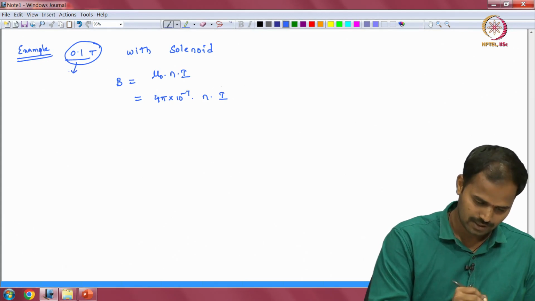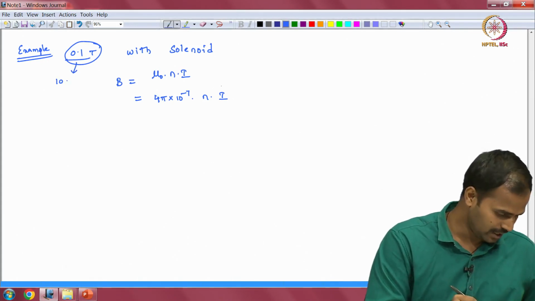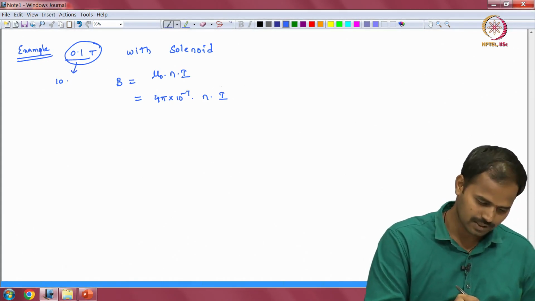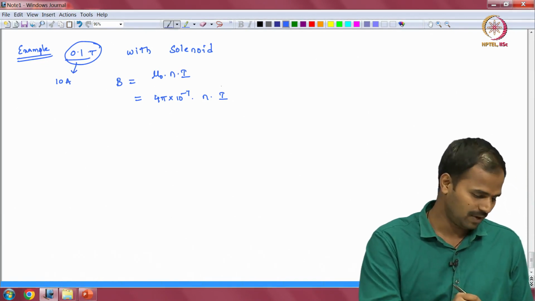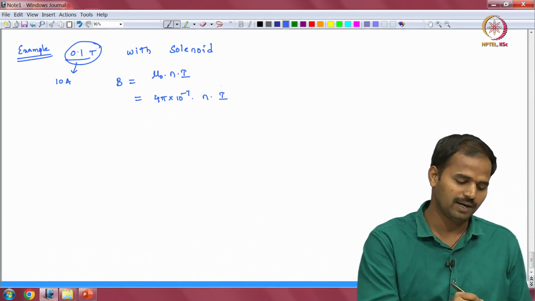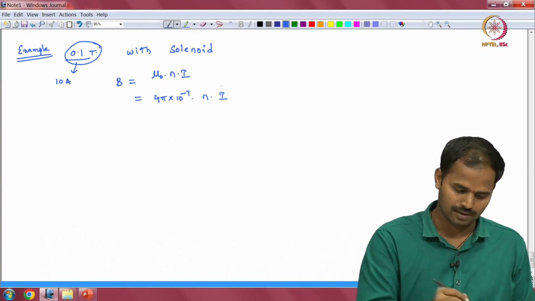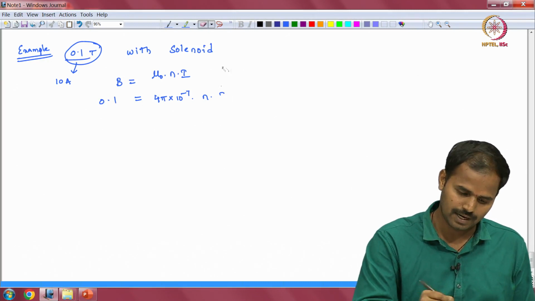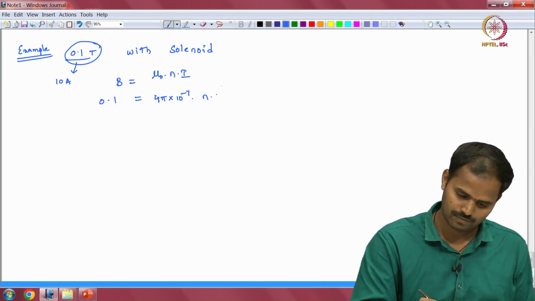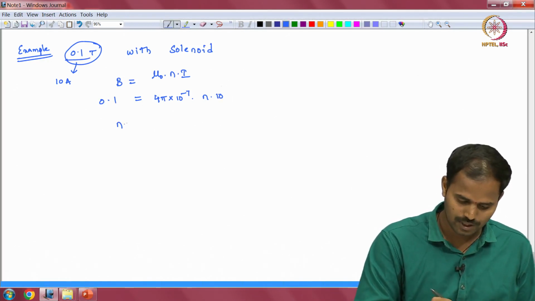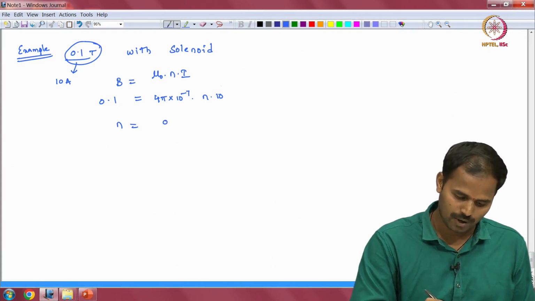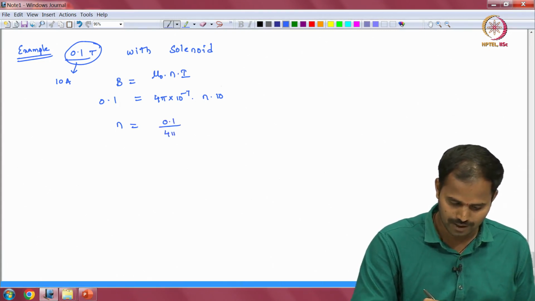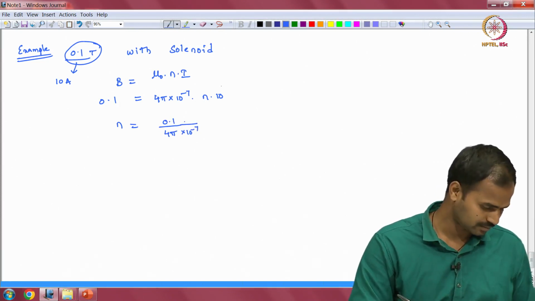Current is not given, right. Consider 10 ampere as the current rating, and the magnetic field we require is 0.1 Tesla. So, this side 0.1 Tesla and this side current is 10 ampere. So, here N equals 0.1 divided by 4 pi into 10 power minus 7.